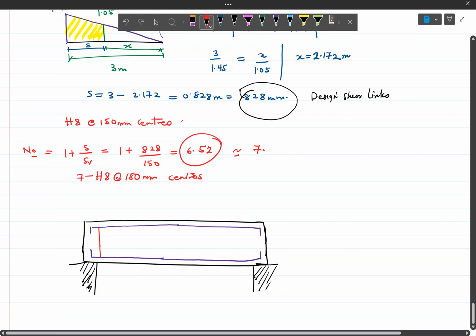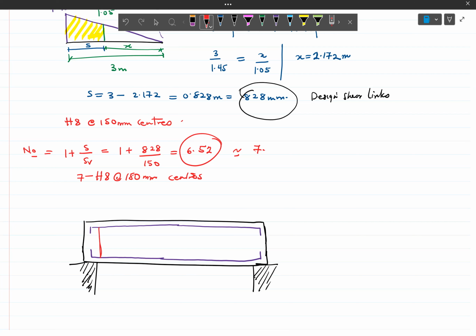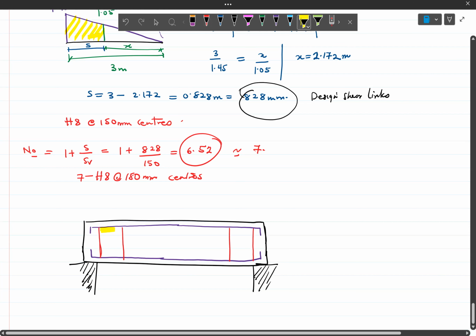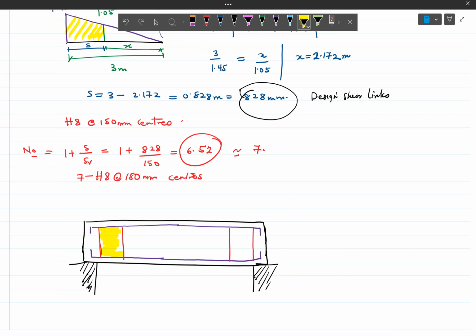Let's say the start point of the rebar is on the face of the column. I'll explain these things shortly. So this zone, I'm just going to color code it. This zone over here is where we actually have the shear links being designed for. So these zones, all right?